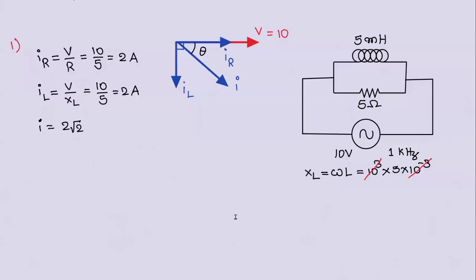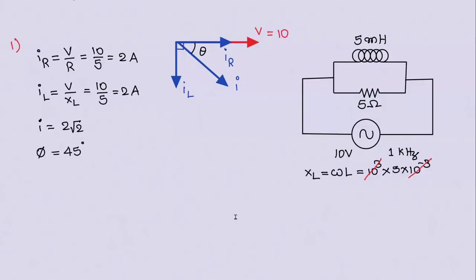That's it, right? Good. We got the total current, and if you want, we can find the phase angle also. So I can say phi is equal to 45 degrees.